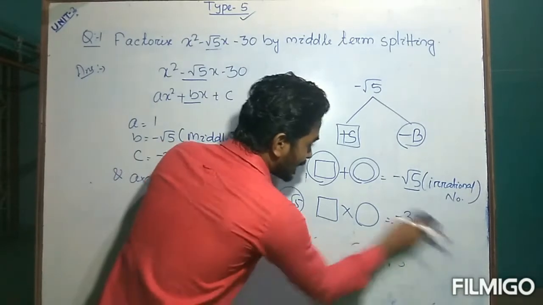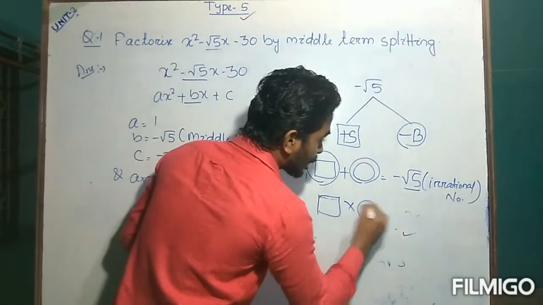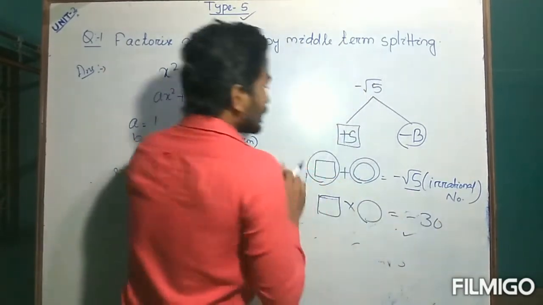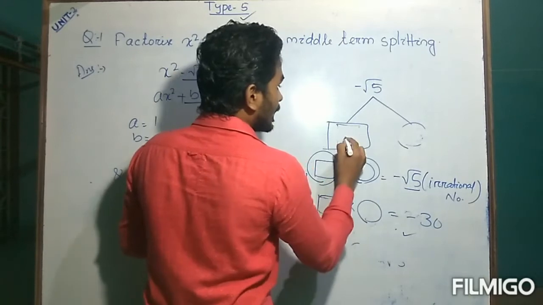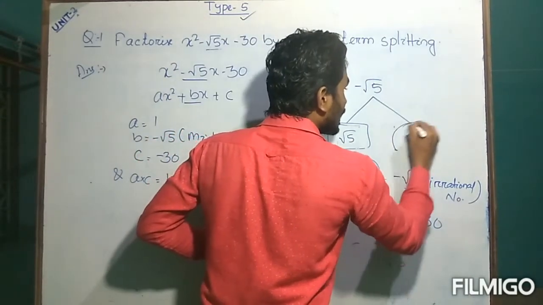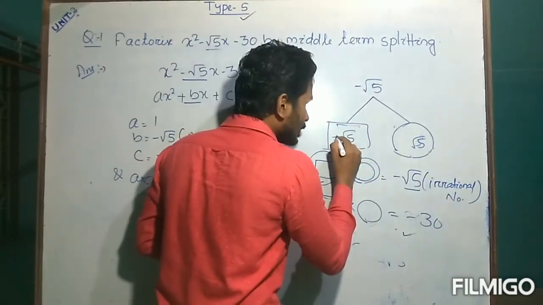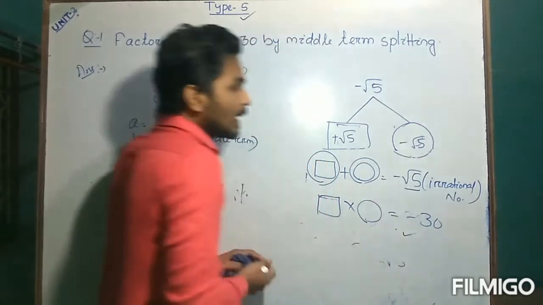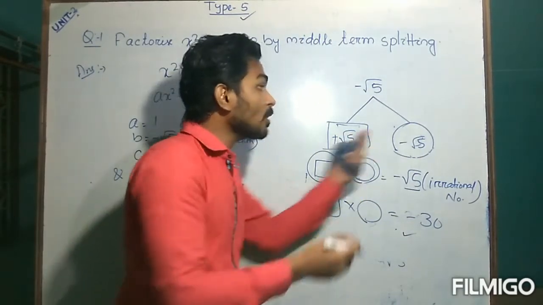So I am writing this first. This number and this number must be root 5 and root 5, one is positive and the other is negative. Now we do not know the something in front of root 5.